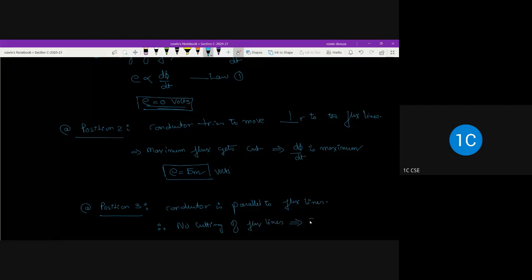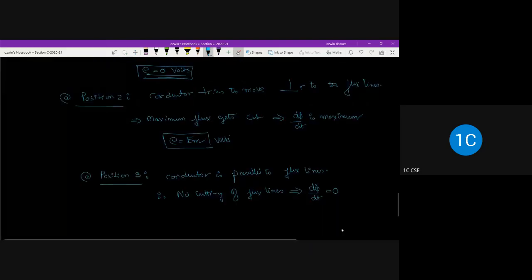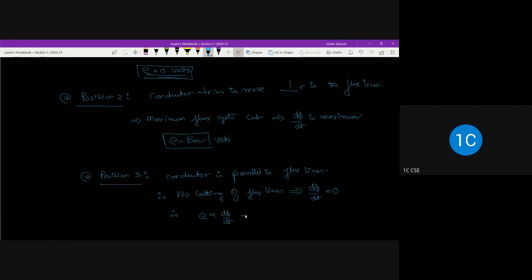That implies the rate of change of flux is 0, and therefore E, which is proportional to d phi by dt, is 0 volts. So whenever the conductor occupies a position where its movement is parallel to the flux lines, the induced EMF is always 0.